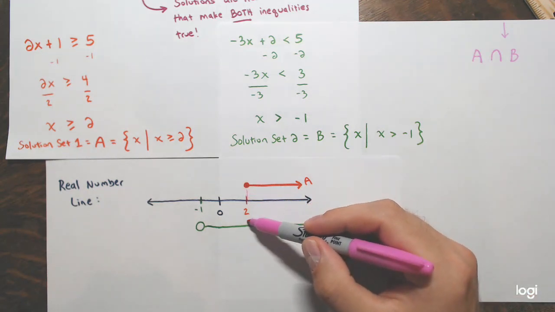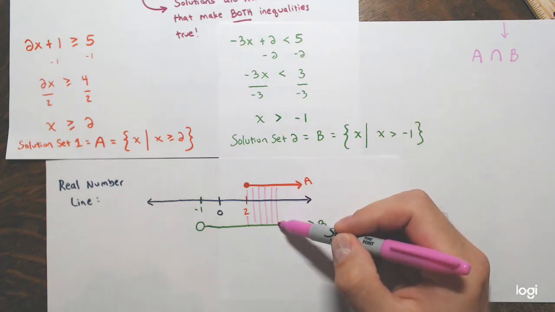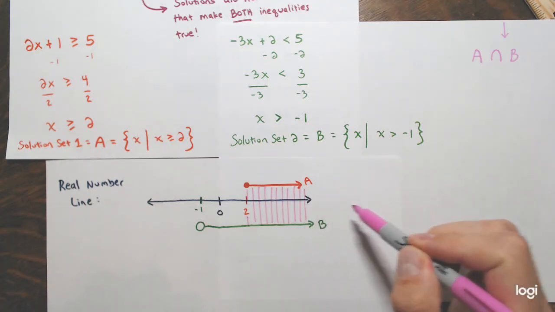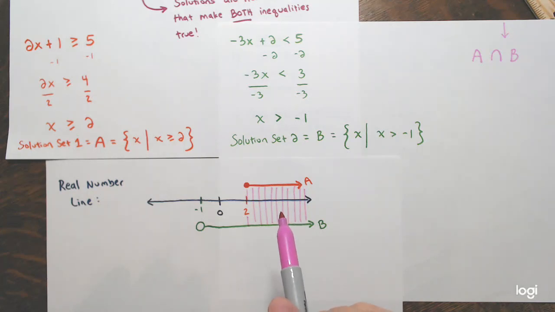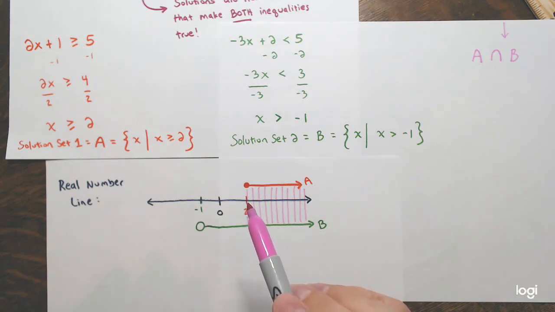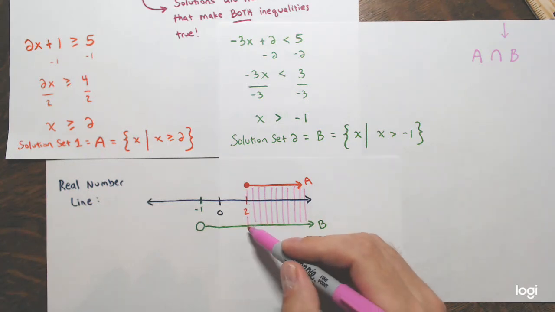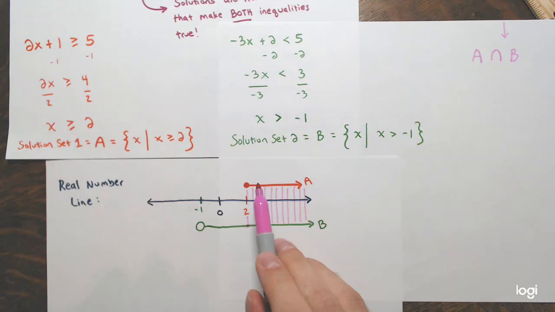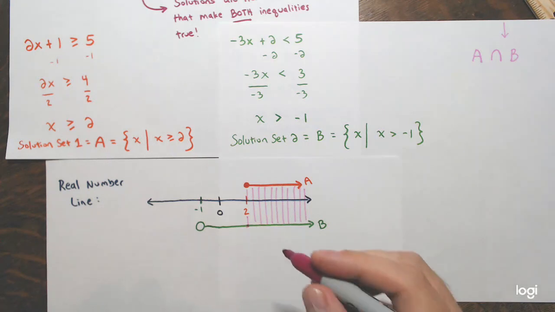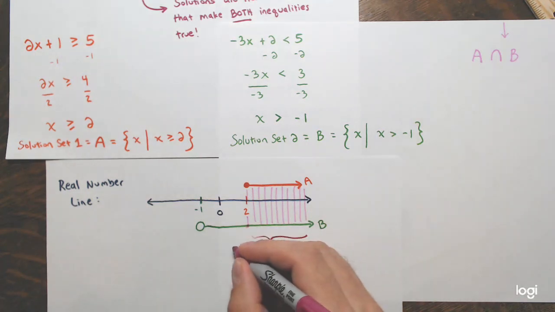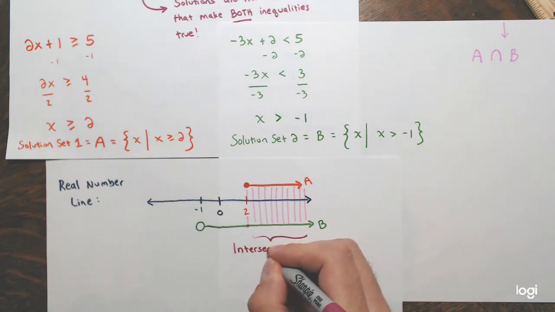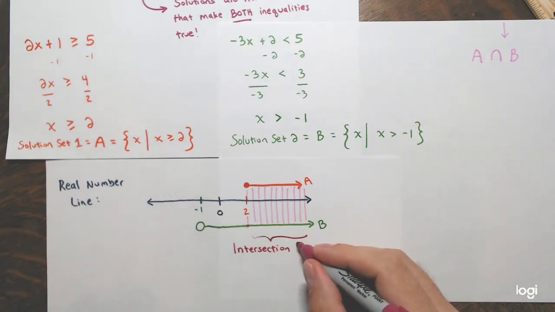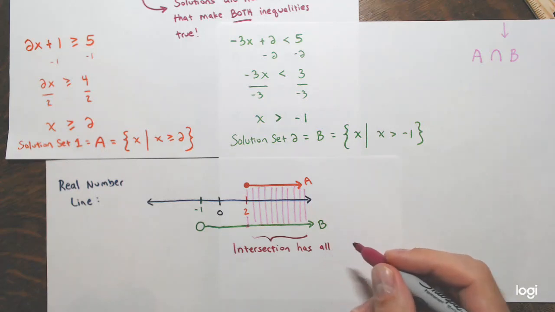It's all of these numbers here, all the numbers where there's overlap, and this goes this way forever. All of these numbers are in the intersection. And is 2 in the intersection? Let's see. 2 is in A, yes. 2 is also in B. You got the number 2 right there. So 2 belongs to the intersection, and every number greater than 2. So the intersection has all numbers greater than or equal to 2.